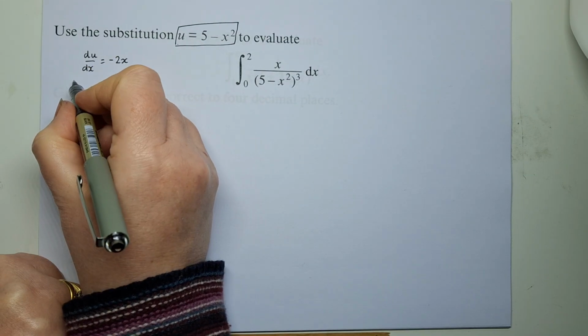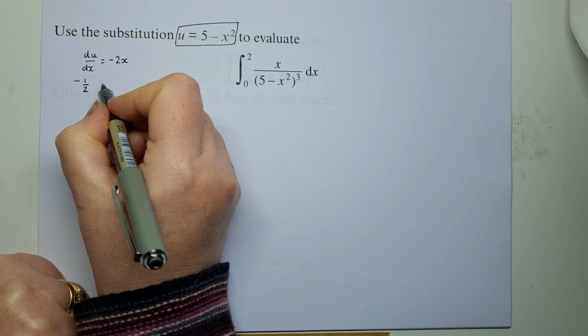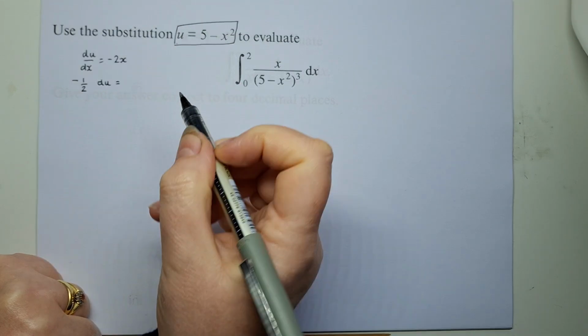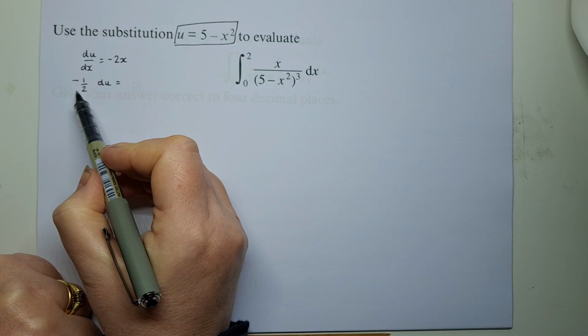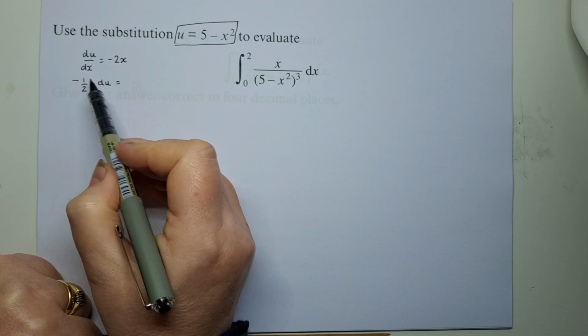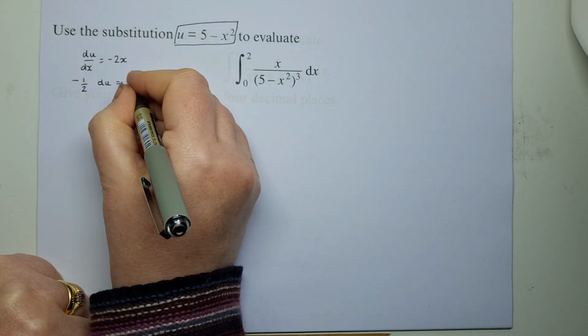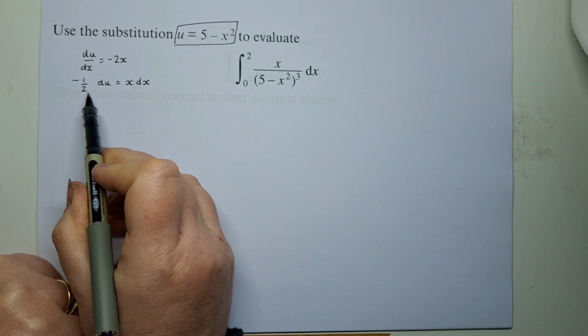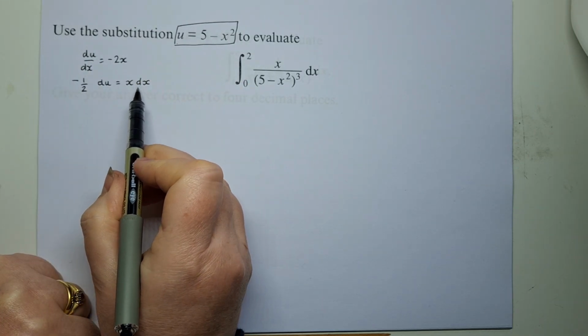Looking here, if I bring the factor of minus 2 onto the denominator on the left hand side and move the dx up onto the top of the right hand side, I can split this statement and write a half du is equal to x dx.